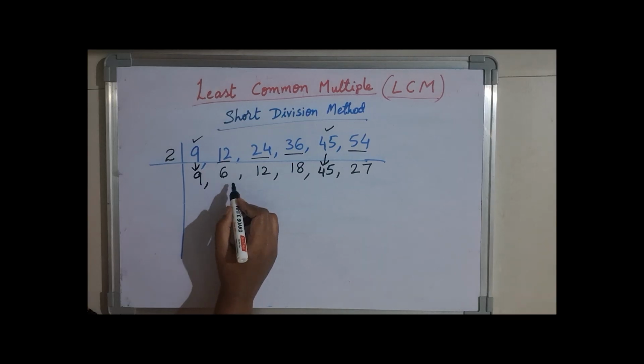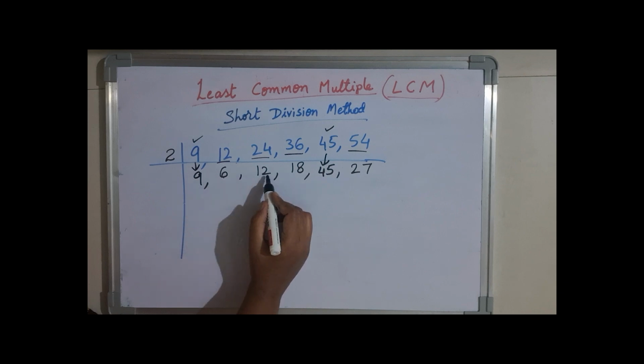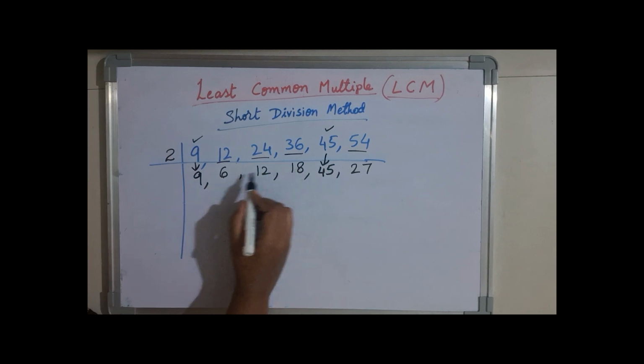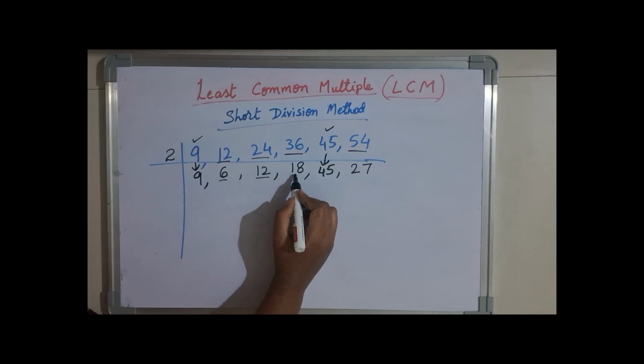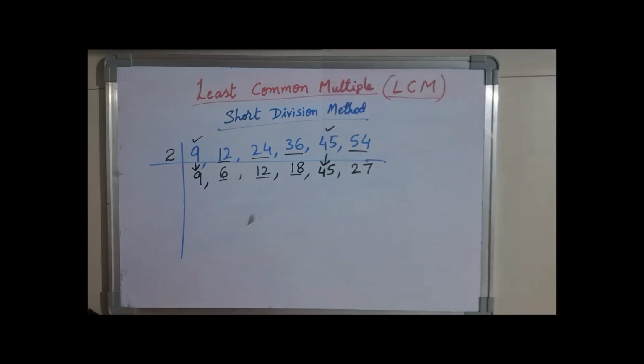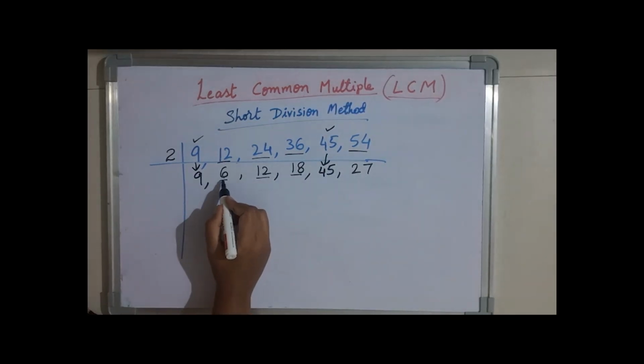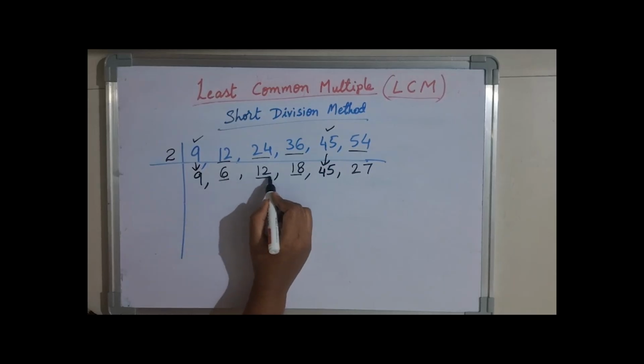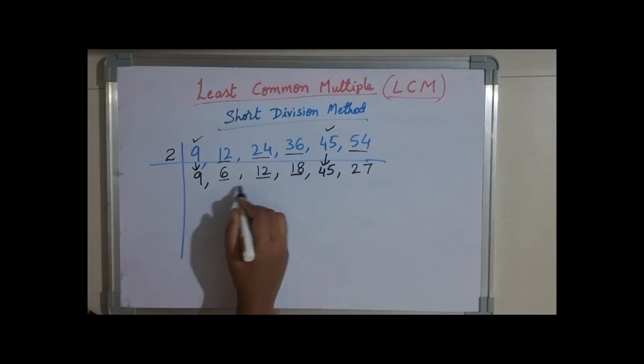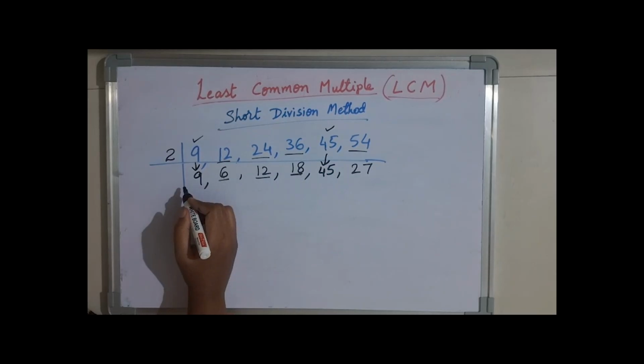if we take 2, then 2 is a common factor of 6, 12, 18. Only these three are divisible by 2. In this next step, we can see that 6, 12, 18, these three numbers are divisible by 2.